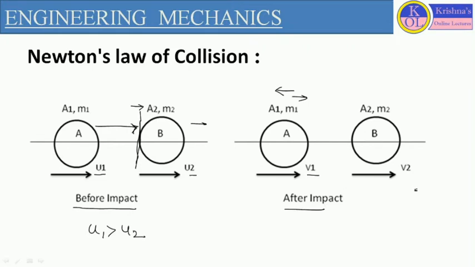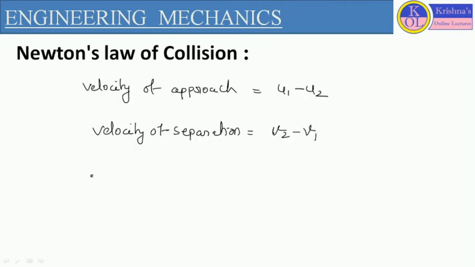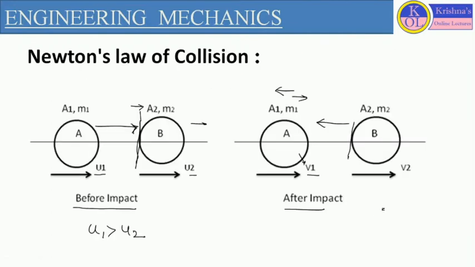They will be v1 and v2. So v1 is the final velocity of object A, and v2 is the final velocity of object B. After collision, body B will try to separate from body A. So here we consider the velocity of separation. The velocity of separation will be v2 minus v1. Here we have to consider the condition that v2 should be greater than v1.